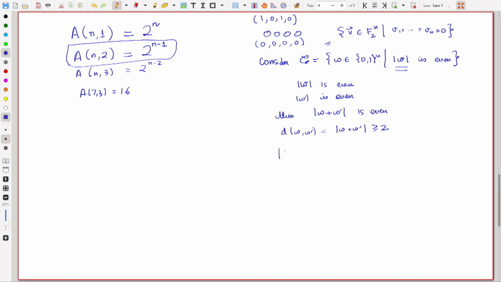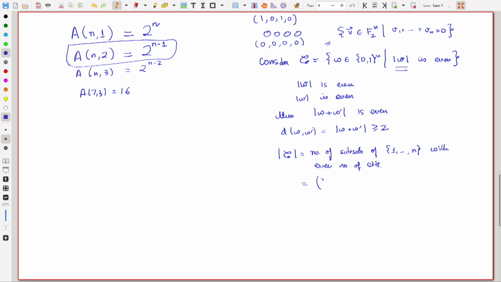So the cardinality of C is the number of subsets of the set 1 to n with an even number of elements, right.